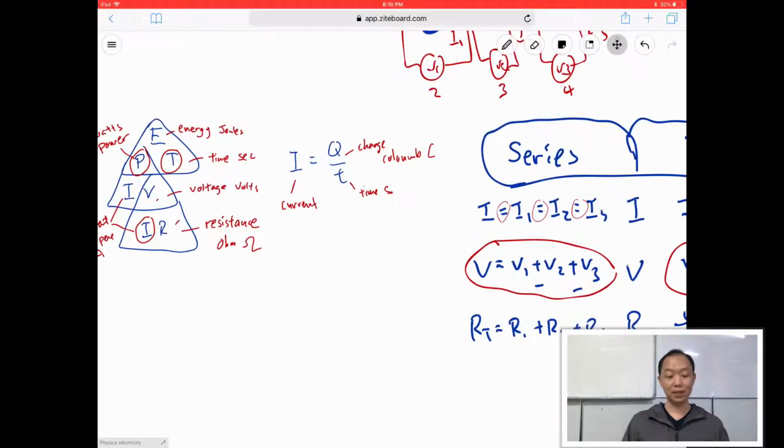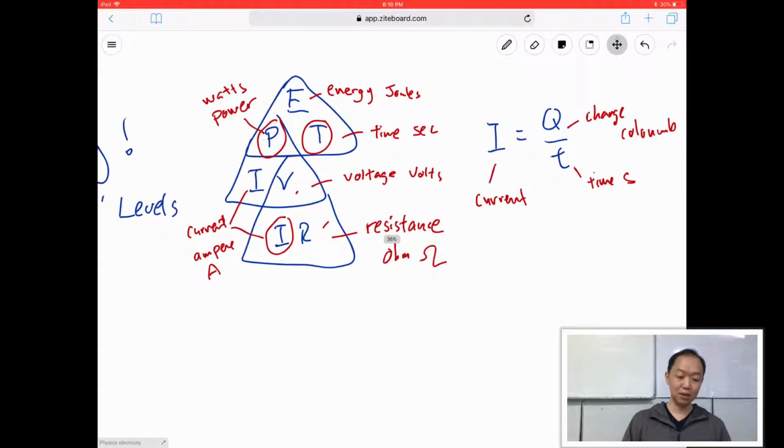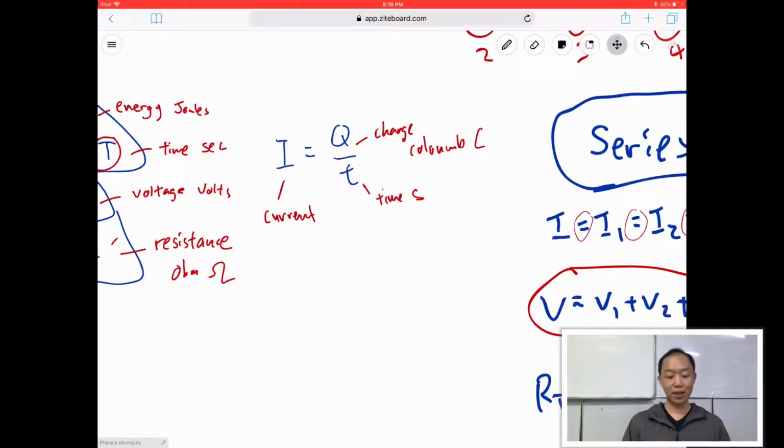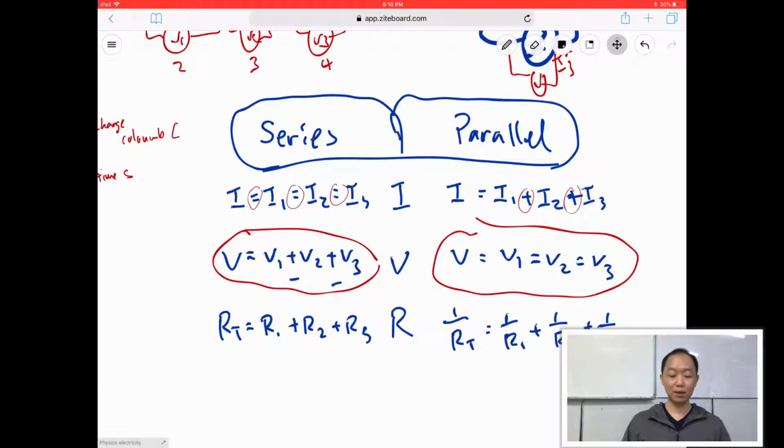For electricity, let me just summarize again what you need to know. First, the triple triangle, EPT, IBIR. Next, I equals Q over T. And last but not least, series and parallel.